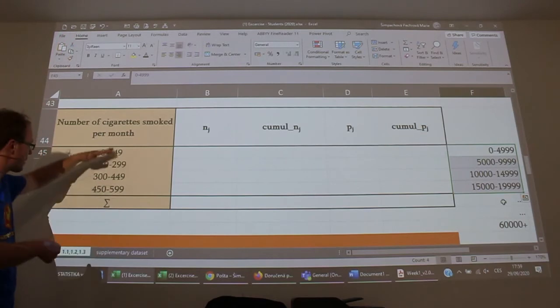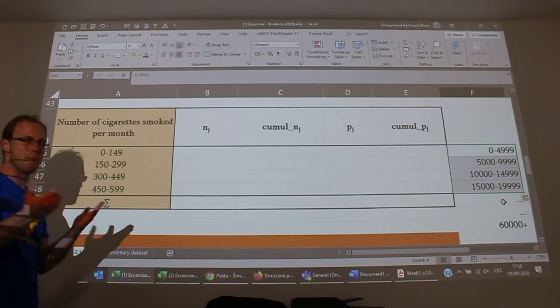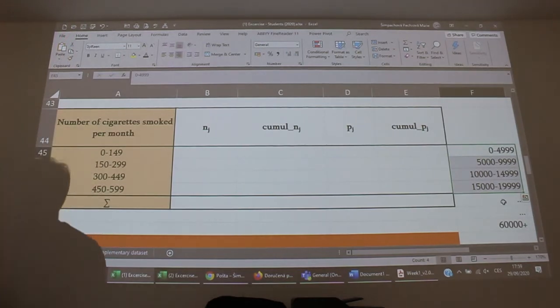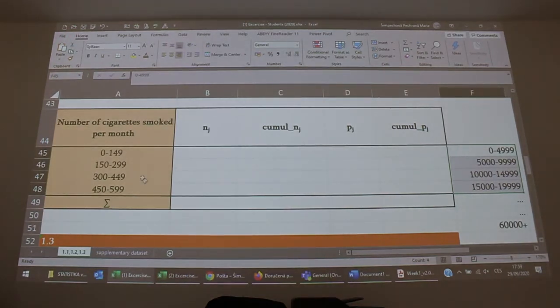So we set the first interval from 0 to 149, the second from 150 to 299, the third from 300 to 449, and the last one from 450 to 599.